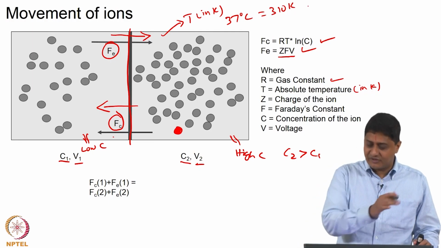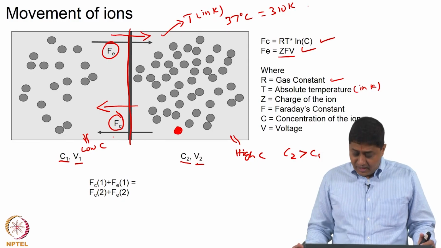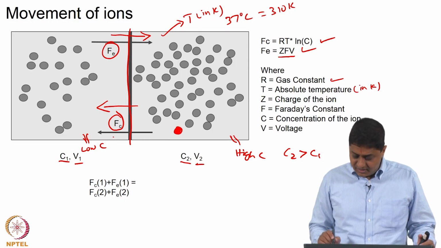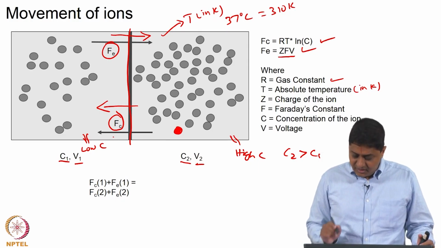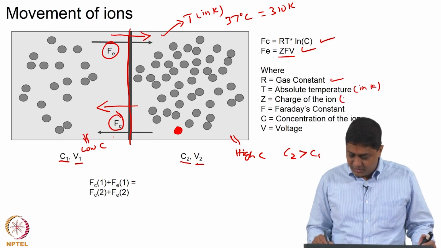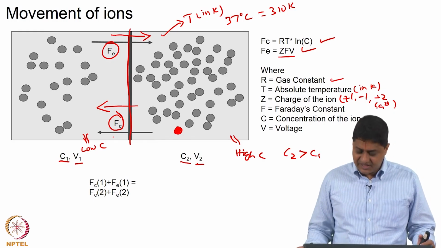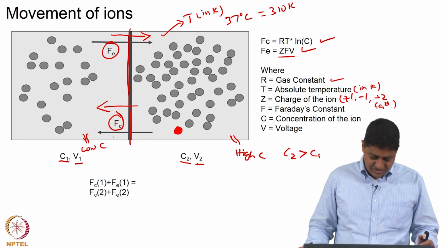It can be different in different organisms or in different situations. So, you will have to consider that, and Z is the valency or the charge of the ion. This can be +1, -1. For example, for calcium this is +2, etc. F is the Faraday's constant, and C is the concentration of that ion, and V is the voltage, right.